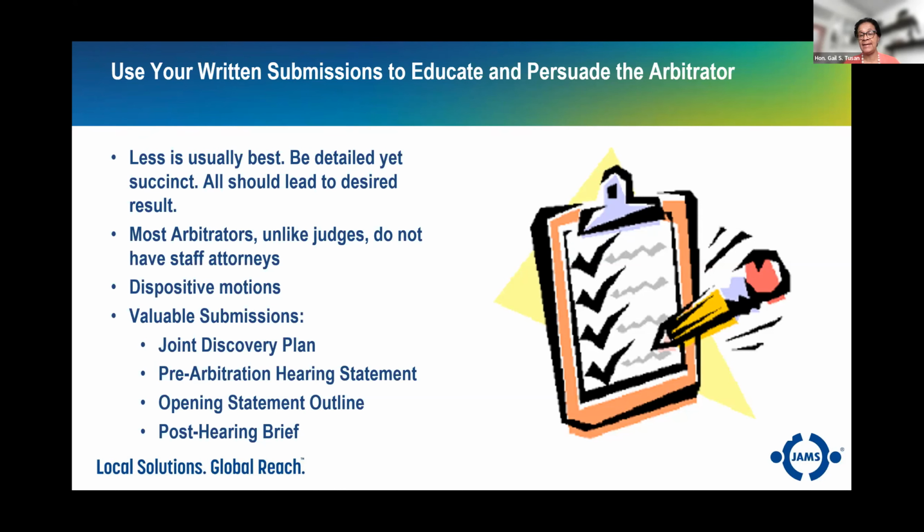In terms of submissions that I find helpful, especially in cases where there are arbitrations for individuals, but a lot of similar cases and the attorneys are used to working with each other, they'll ask to just go ahead and submit a proposed joint discovery plan.